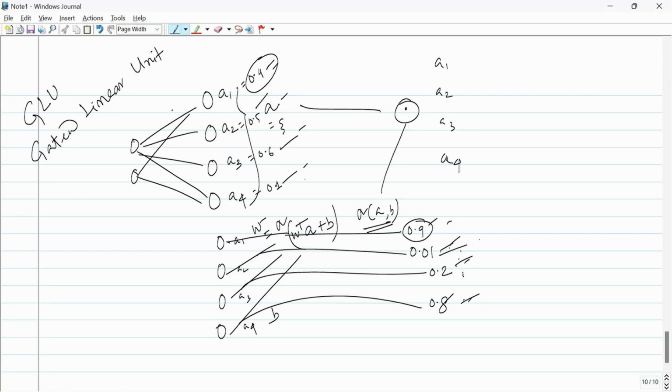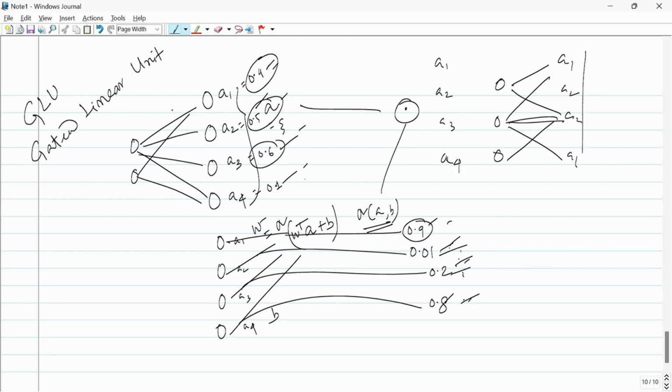This is 0.01, you give less weightage here. This is 0.2, you give slightly less weightage here, and so on and so forth. So you can think of A1, A2, A3, A4 going into a GLU layer here, which will produce numbers. GLU, remember, has parameters W and B that you need to learn.